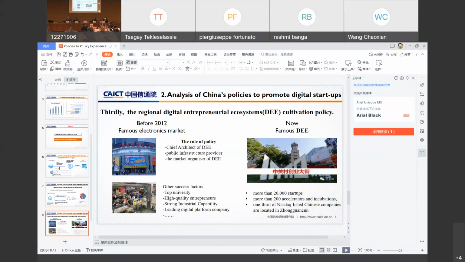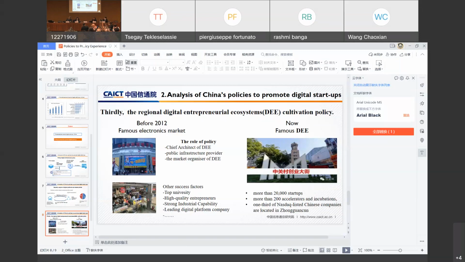But today, it has become one of the most successful renewed digital entrepreneurial ecosystems in China, with more than 20,000 startups, including more than 200 incubators and accelerators, and 1/3 of Nasdaq-listed Chinese companies are located in Zhongguancun. The role of the government in the transformation of Zhongguancun cannot be ignored and can be divided into 3 categories.